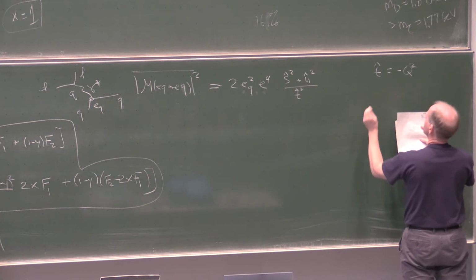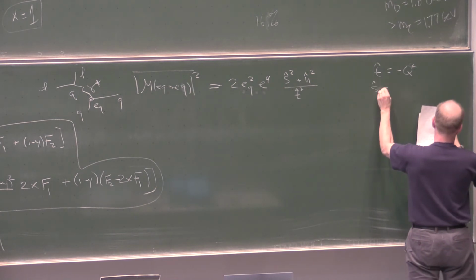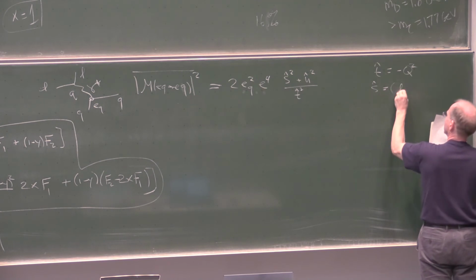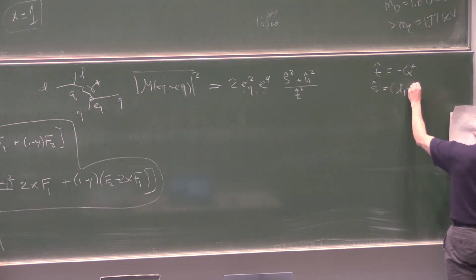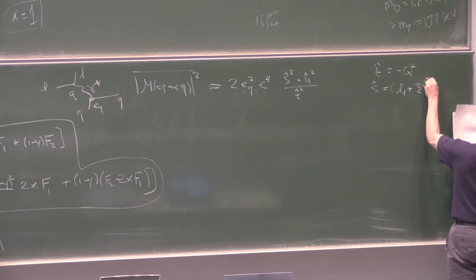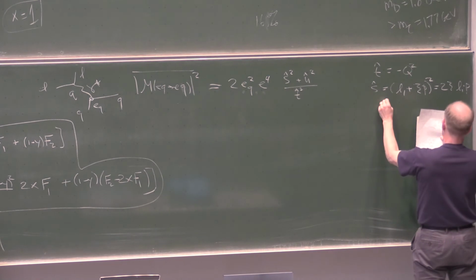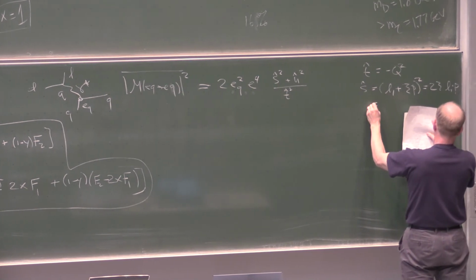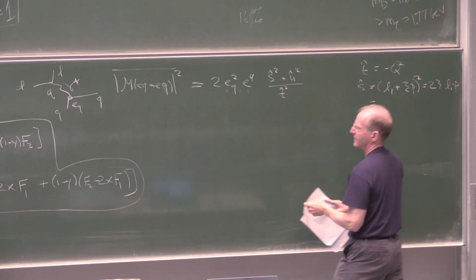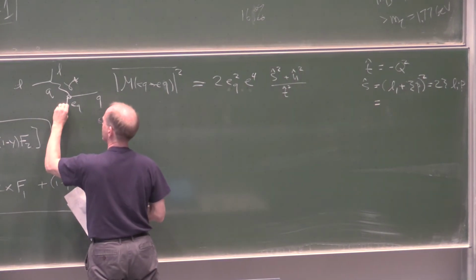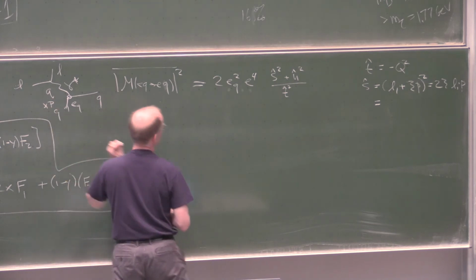And s hat is L1 plus xp squared, where you only get a contribution from the cross term, 2x L1 dot p. Actually, let me take it to be x now. So the momentum coming in here is xp.